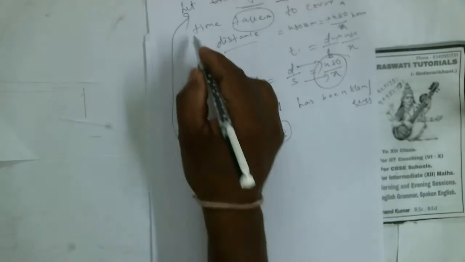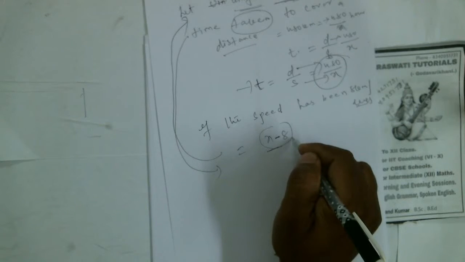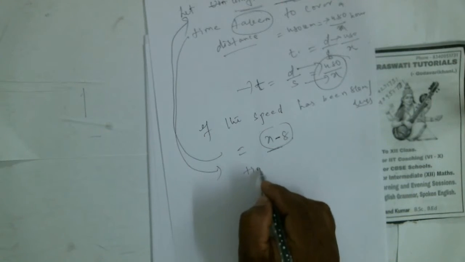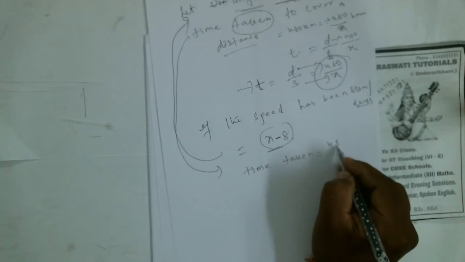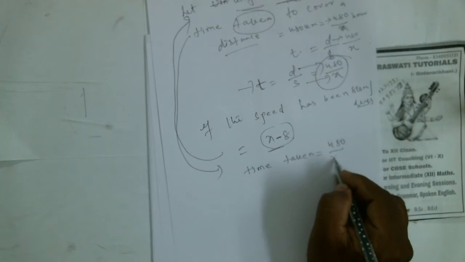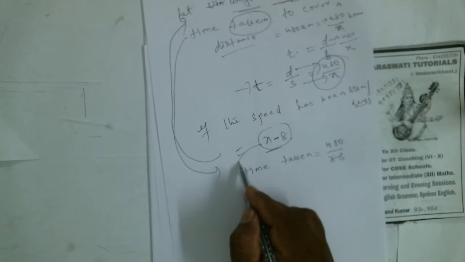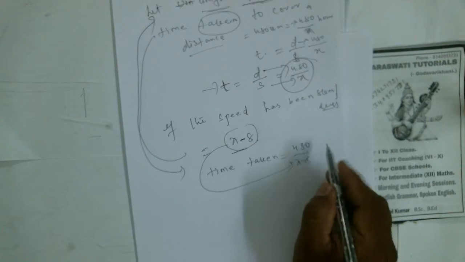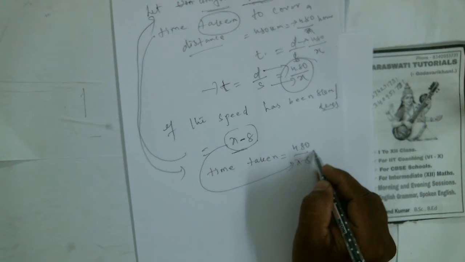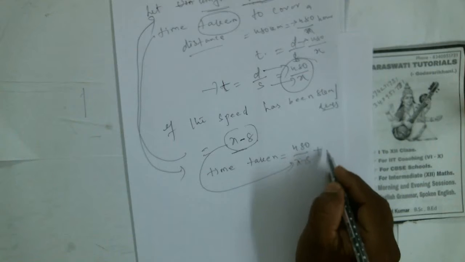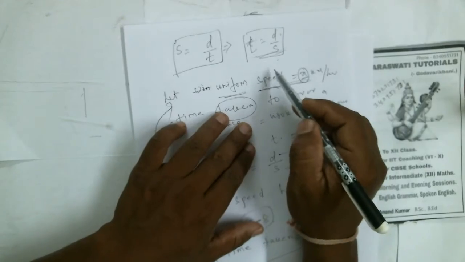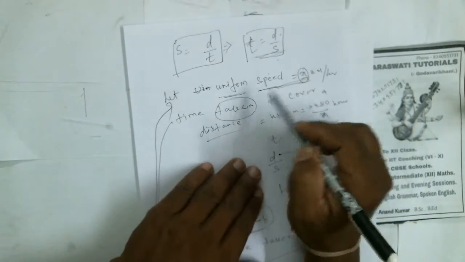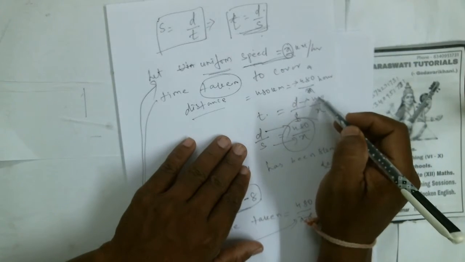Okay, now time taken. Now according to this equation we have to take time taken. Time taken is equal to 480 by x minus 8. Why? Because speed was going to change in this direction, x minus 8. But how much more? It took 3 hours more. Okay, 3 hours more. Here first of all we took speed is equal to x, time is equal to distance by speed.